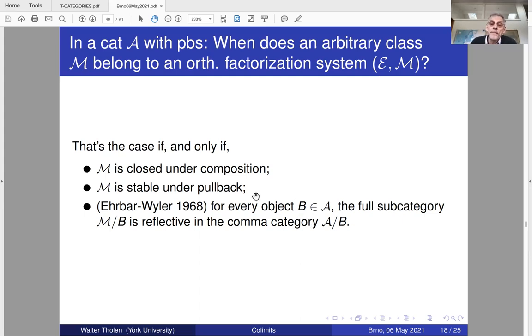This is, in my view, the most basic notion of unique factorization, and it goes back a long way, predates all the other standard orthogonal factorization papers that we are aware of. And these conditions are necessary. So there's no other condition on M.